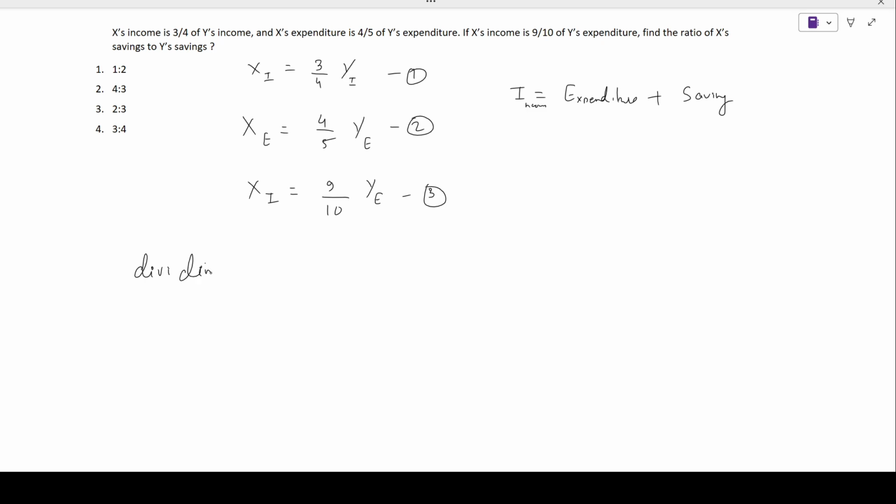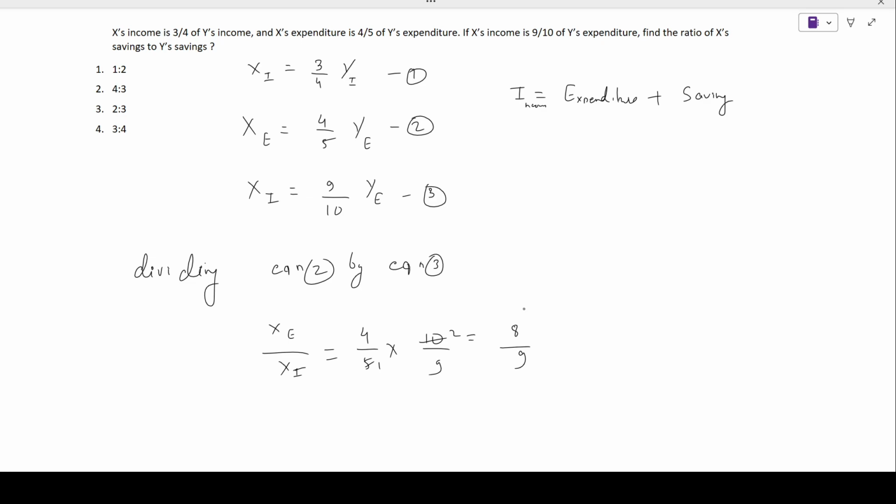Dividing equation 2 by equation number 3, we have X's expenditure upon X's income is what ratio? 4/5 to 10/9, that is 8/9.